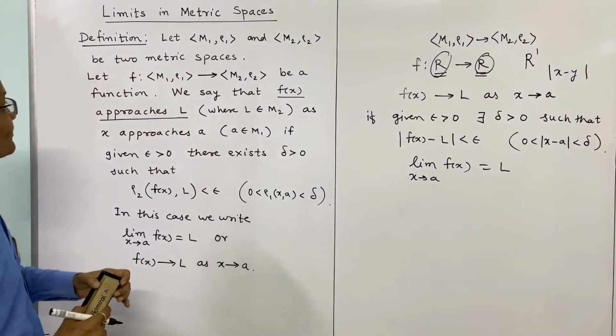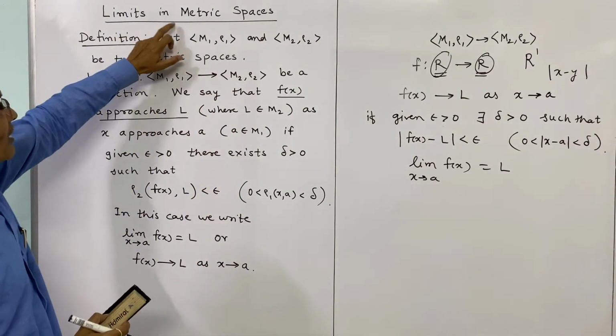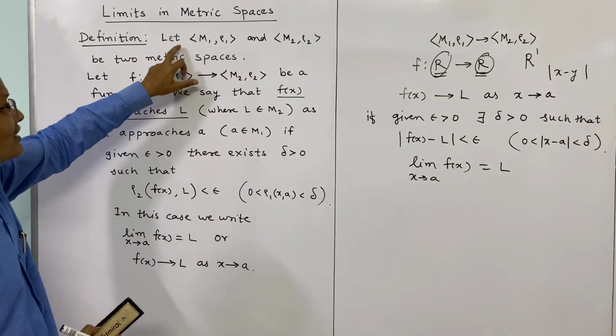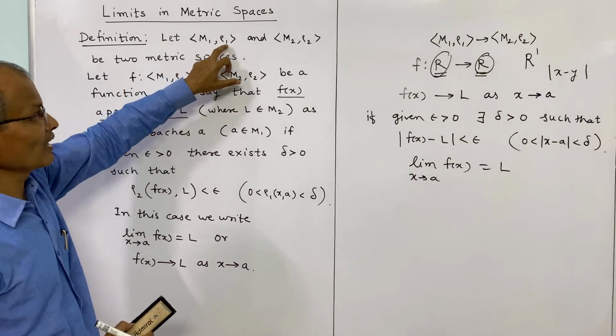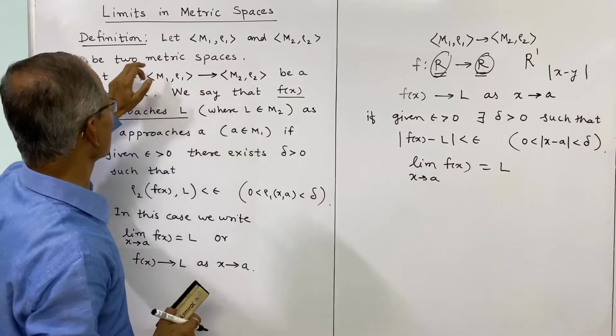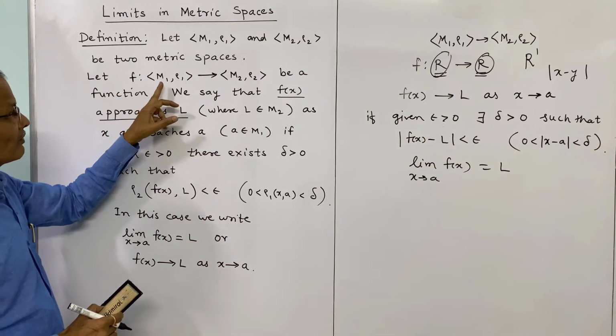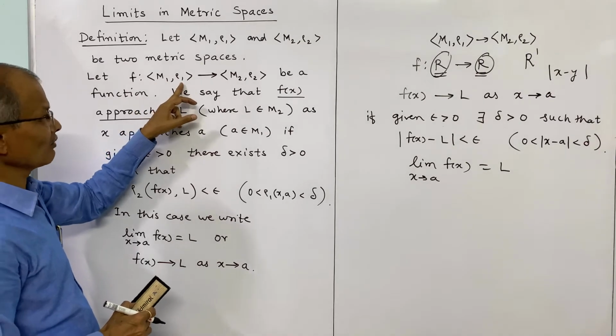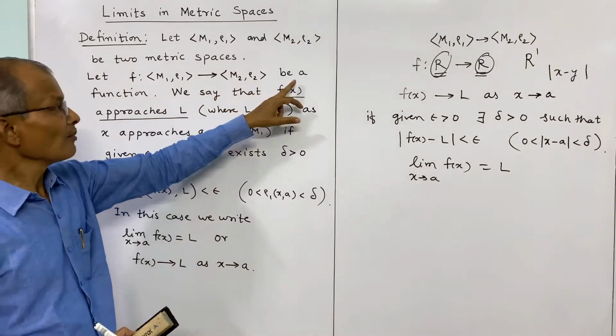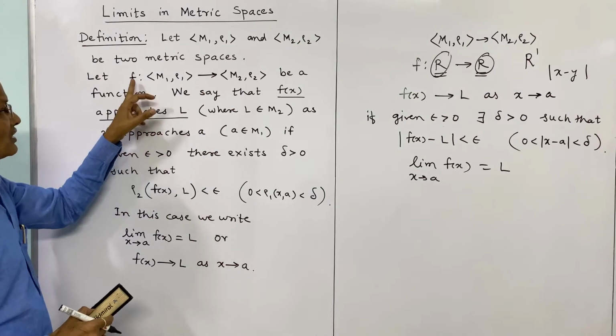Now you see, here is the definition for limit in metric spaces. We have considered M1 with rho 1 and M2 with rho 2 as the metric spaces, and f from the metric space M1 with rho 1 to M2 with rho 2 is a function.